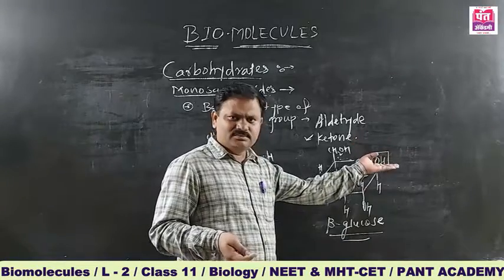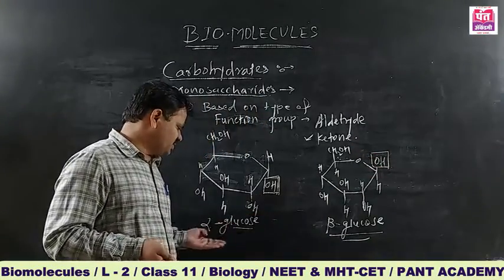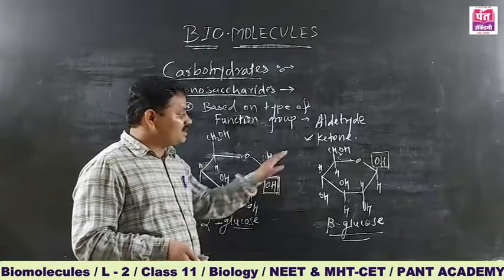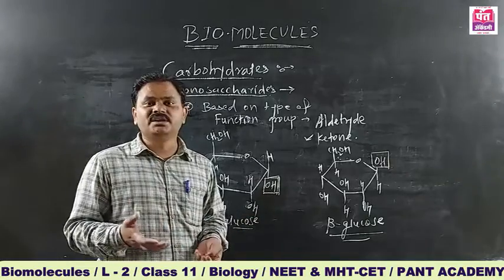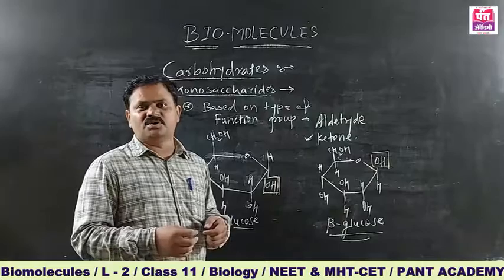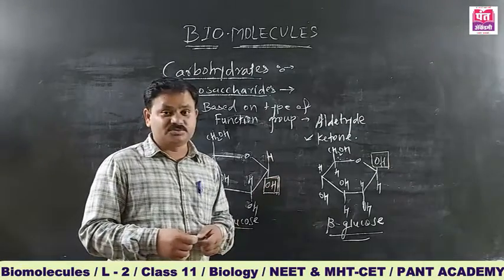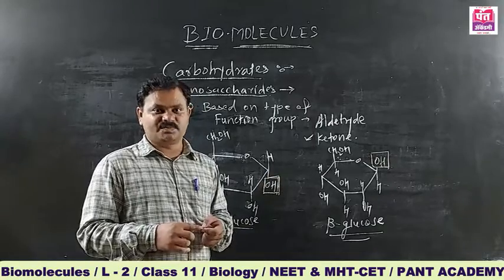Or upper side is a beta conformation, and lower side is an alpha conformation. So this conformation we will also think about in different ways for many different aspects in the composition of other kinds of carbohydrates, especially in the functional aspects as well.